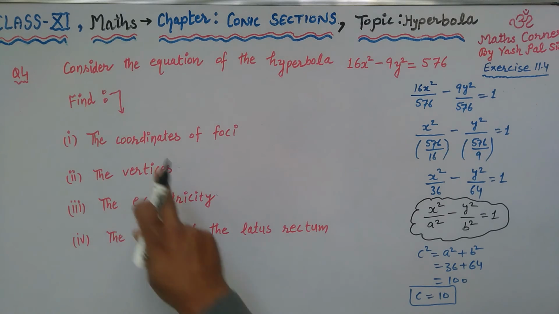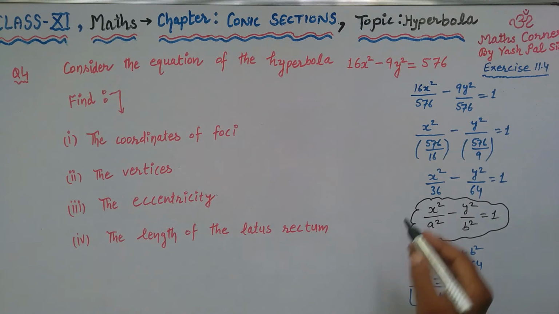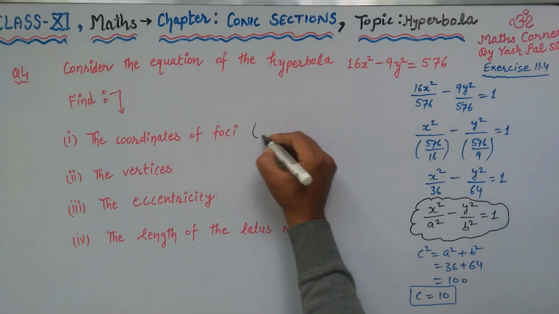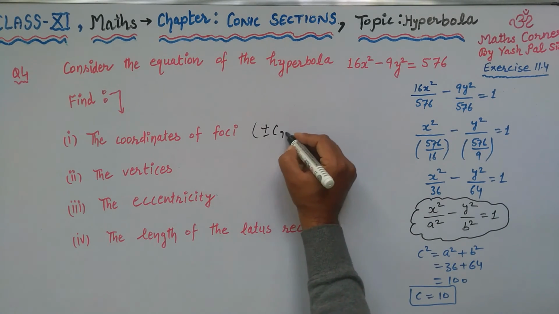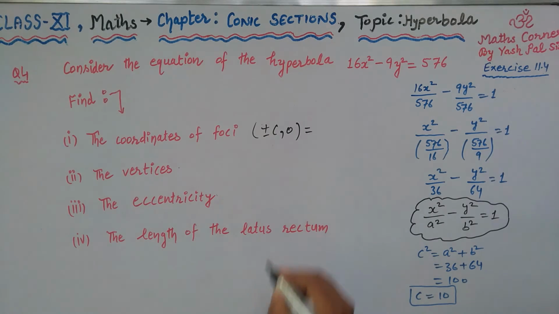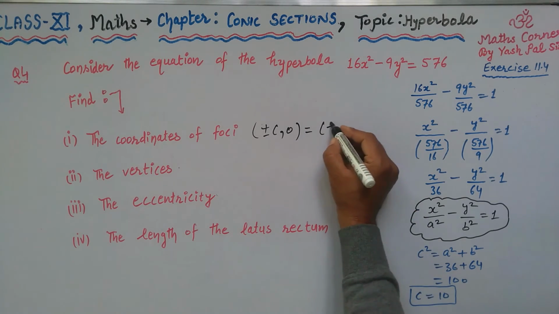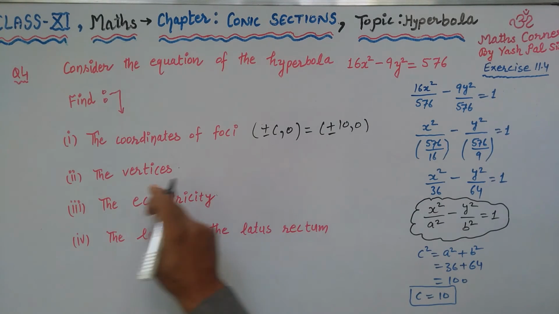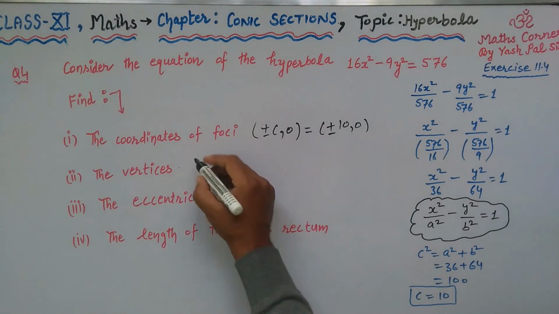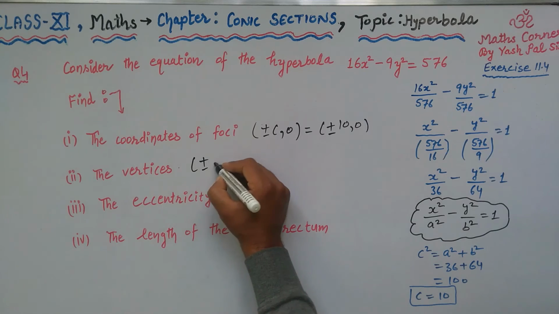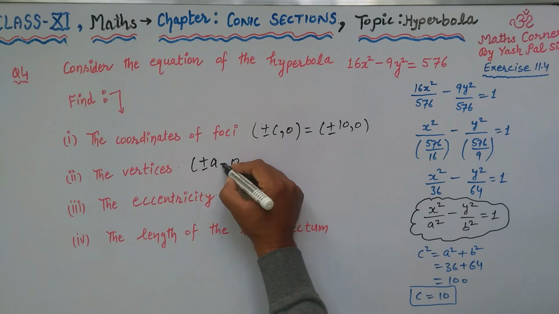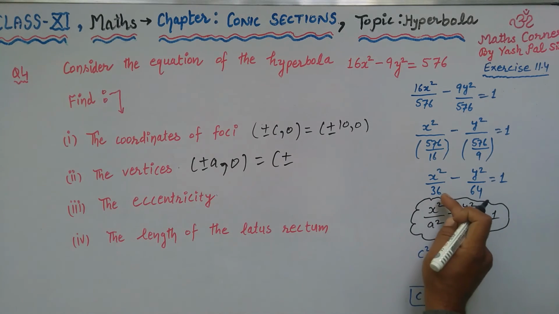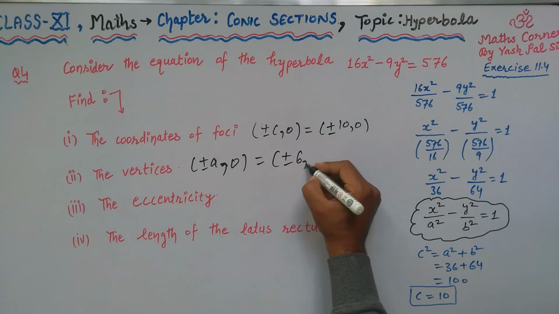The very first one is coordinates of foci. Foci in this case, in this standard form, we have plus minus c comma 0, so they become plus minus 10 comma 0. Second, the vertices are plus minus a comma 0, right? So they become plus minus 6 comma 0.